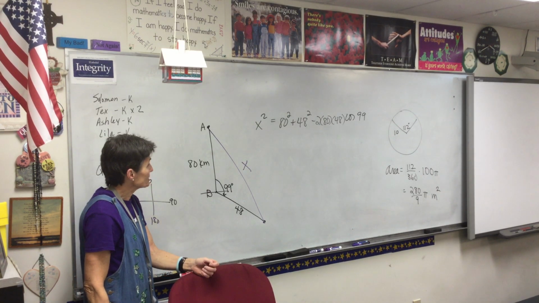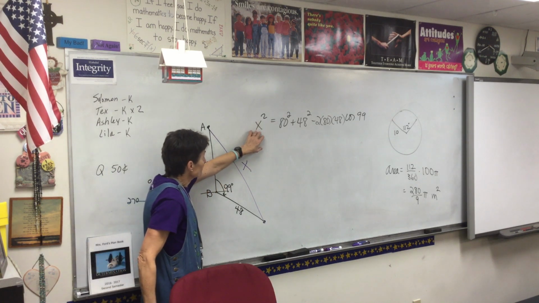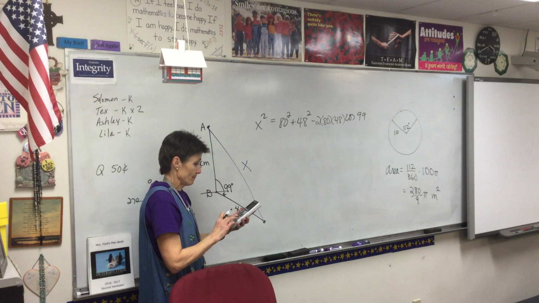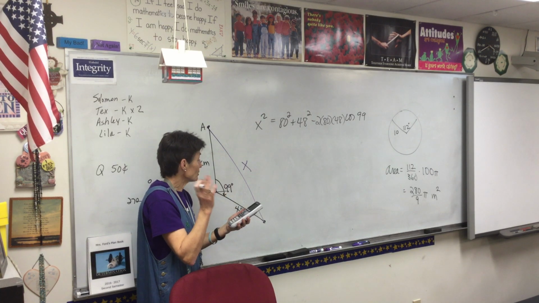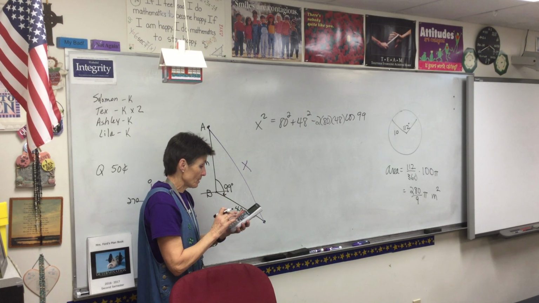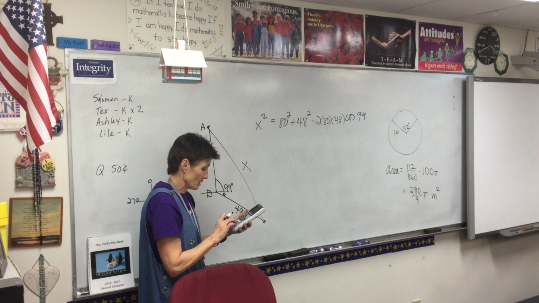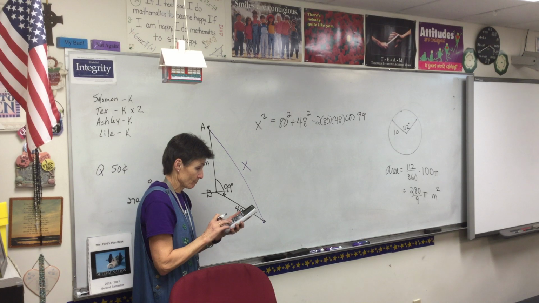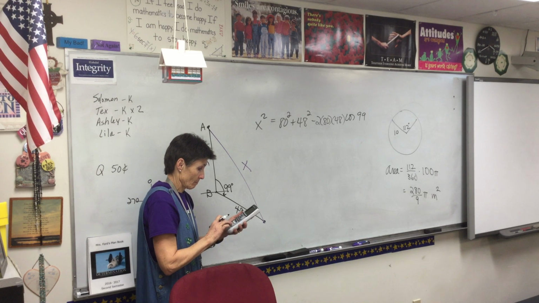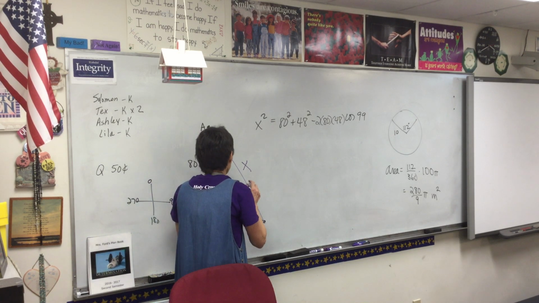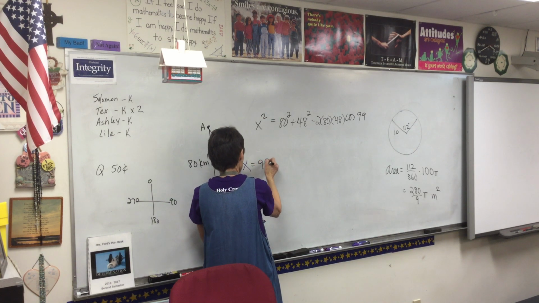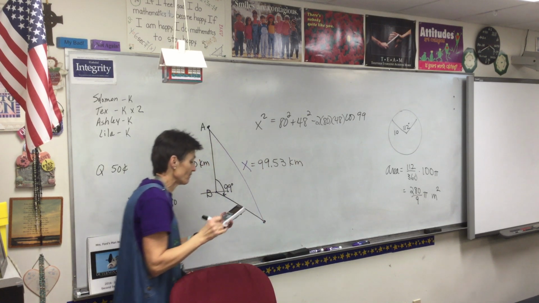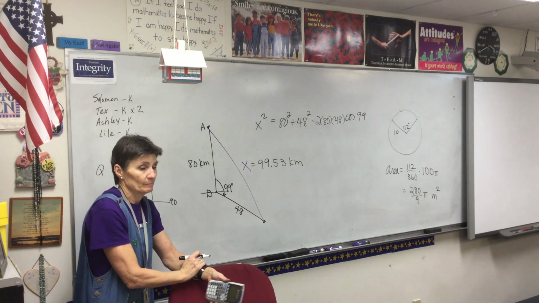Now this one's actually easier than the one we did earlier because the variable's over here. So you can just type it all in. Show as much work as you want, but you really don't have to show any for this one. And I got the answer to be 99.53 kilometers.